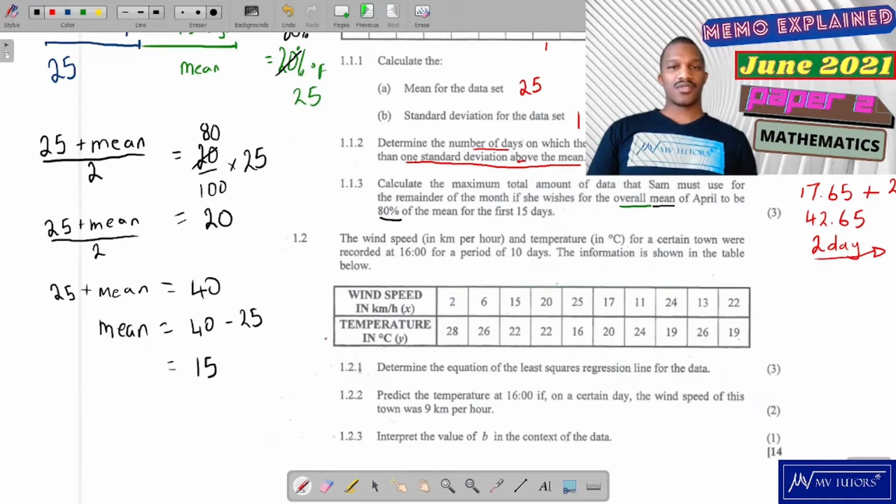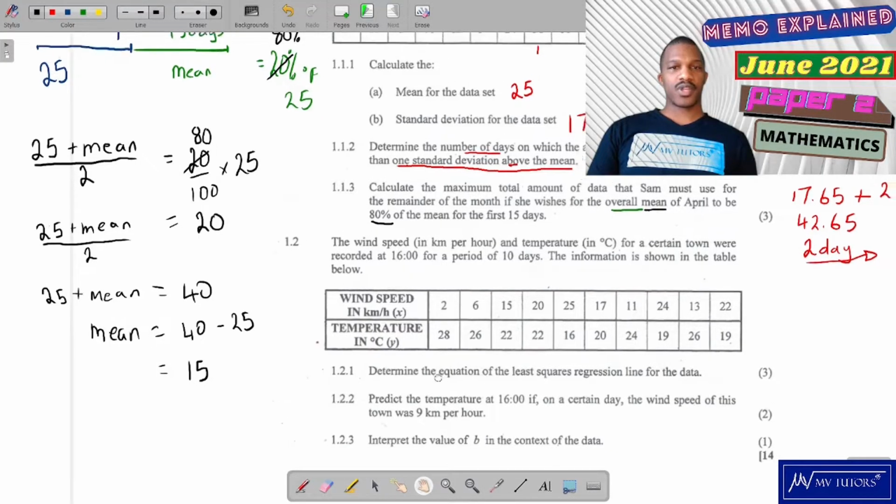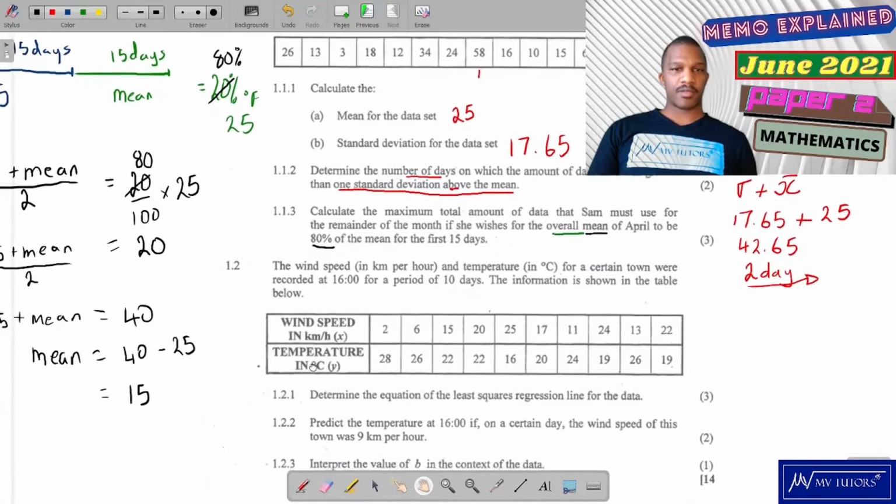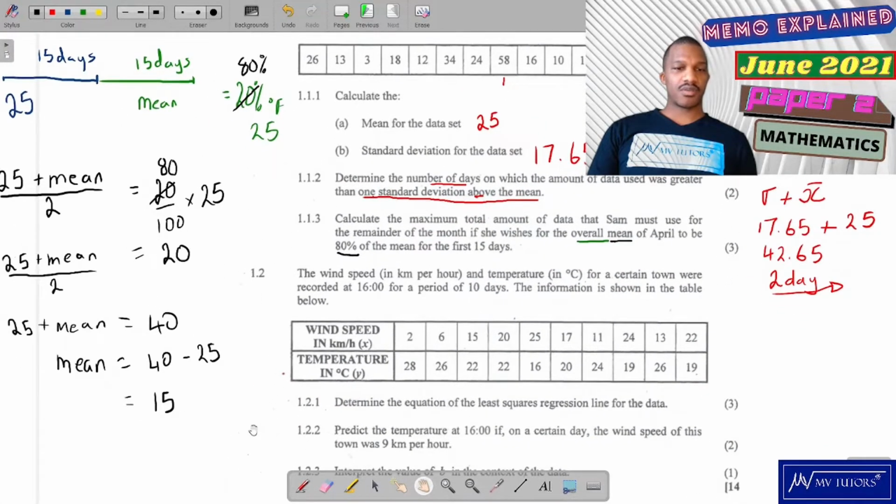Okay, so what is this 15? Let's try to understand the question. Calculate the maximum total amount of data. Oh, they want the total, the maximum total amount of data that Sam must use for the remainder of the month. So they wanted it for the remainder of the month. This one is per day. Let me just put it there and say per day.